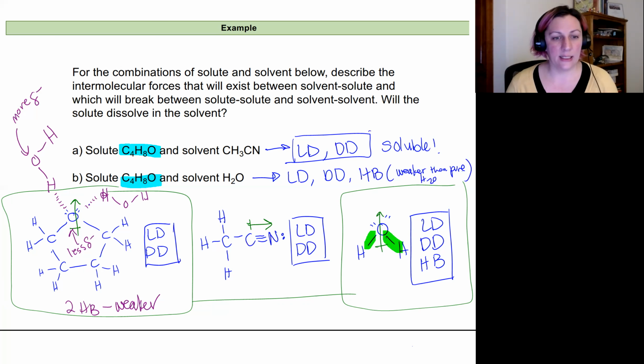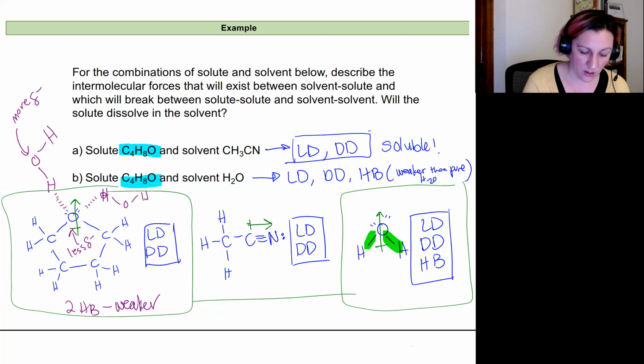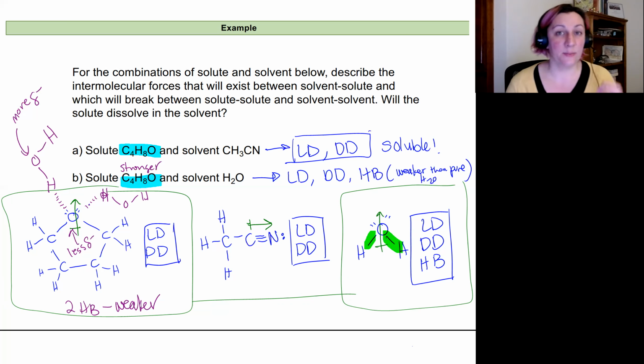So looking at this, we can say, all right, we're going to put some energy into breaking up our THF and some energy into breaking up our water molecules' intermolecular forces. And when we bring them together, our THF molecule is going to experience stronger intermolecular forces than it did in its pure substance.